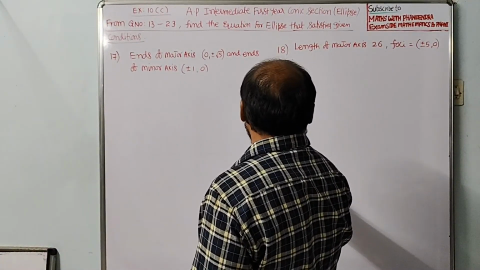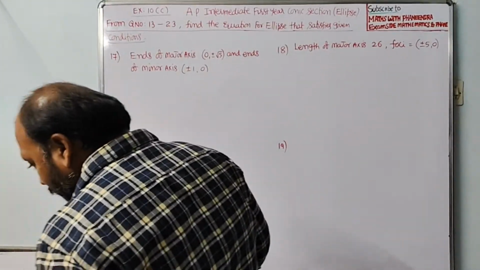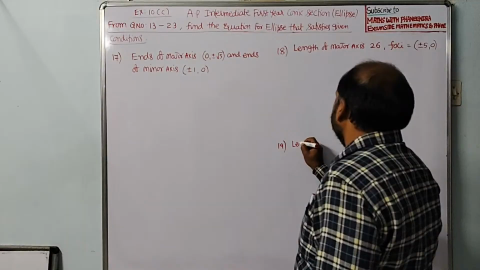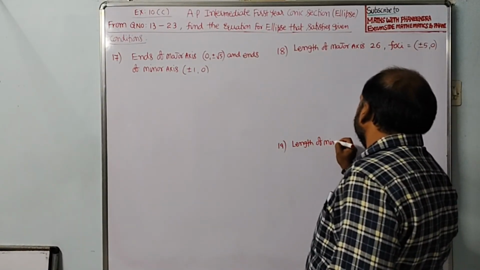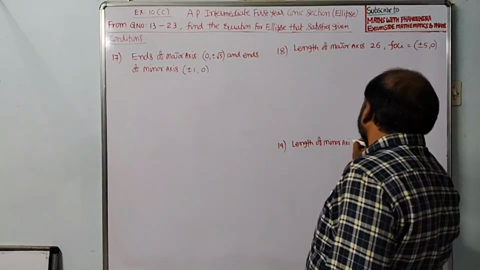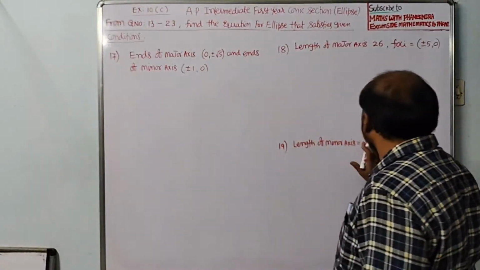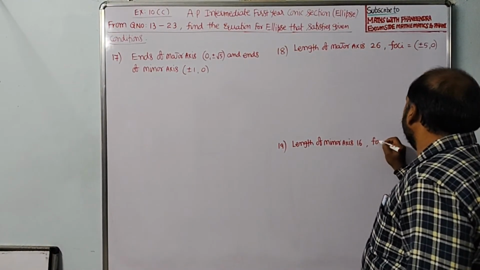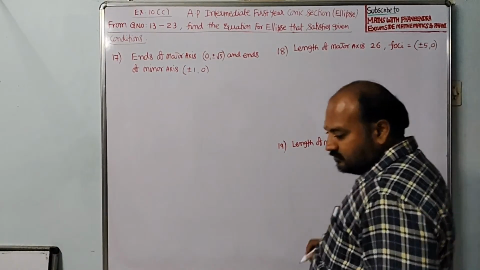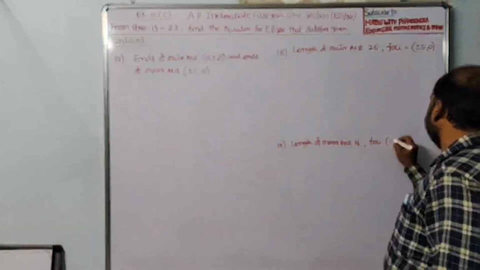So next question number 19. The length of minor axis 16, foci coordinates 0 comma plus or minus 6.